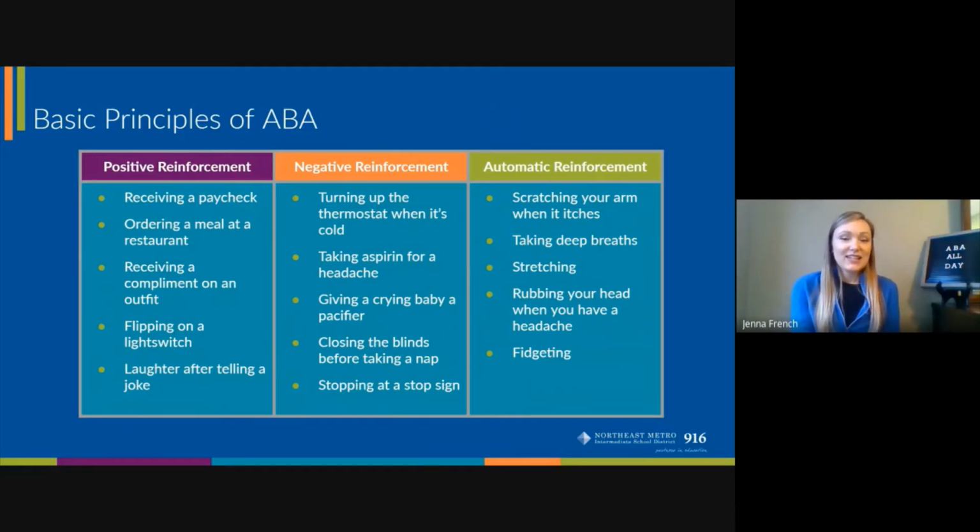We're reducing that heat or taking away that feeling of cold. Taking aspirin for a headache, giving a crying baby a pacifier, which makes the crying stop, closing the blinds before taking a nap, and stopping at a stop sign. So all those behaviors are negatively reinforced. And then automatic reinforcement: scratching your arm when it itches, taking deep breaths, stretching, rubbing your head when you have a headache, or fidgeting. Those are all examples of automatically reinforced behaviors.